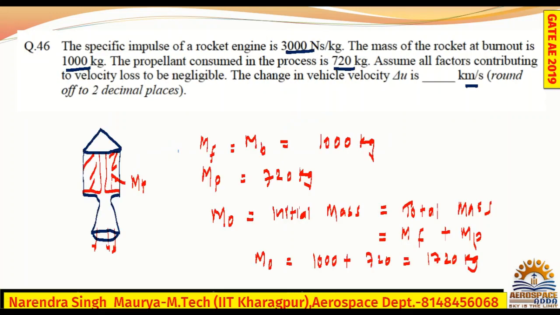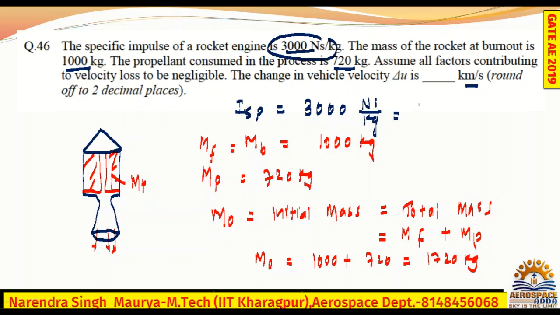Check whether effective velocity or Isp is given. They have given specific impulse, but again the problem is the unit. What unit have they given for specific impulse? 3000 newton second per kg. I want to convert it into seconds.